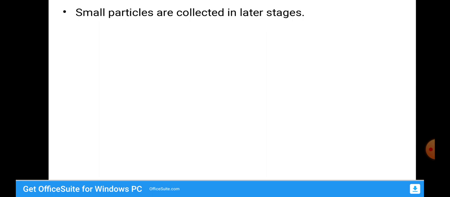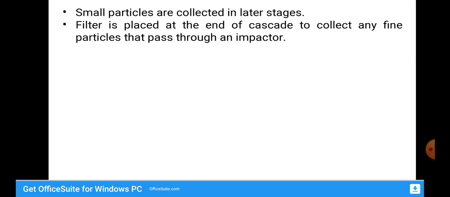In earlier stages, large particles will be collected and small particles will be collected in later stages. A filter is placed at the end of the cascade to collect any fine particles that will not separate by this impingement.